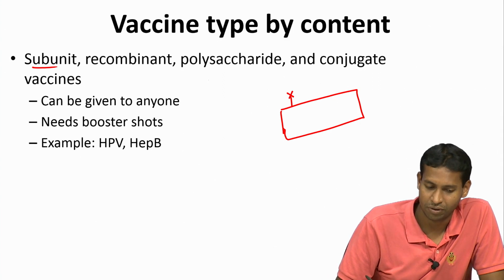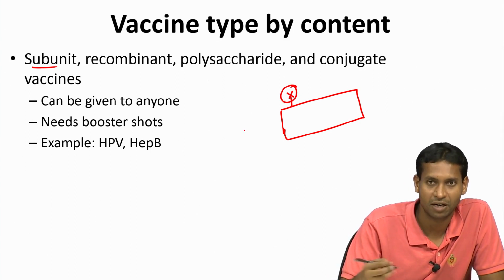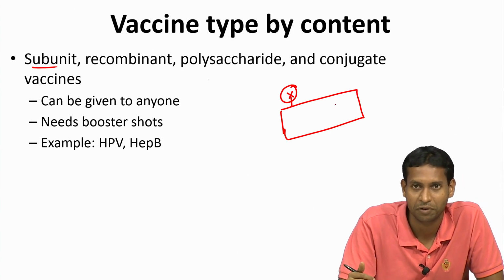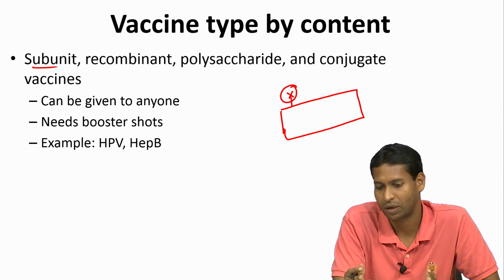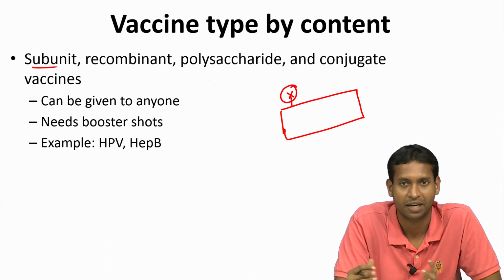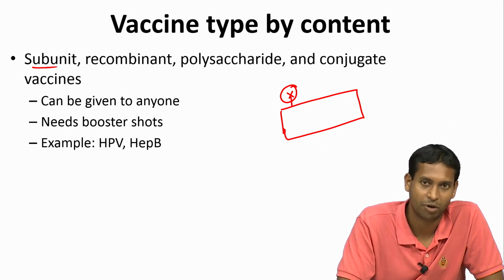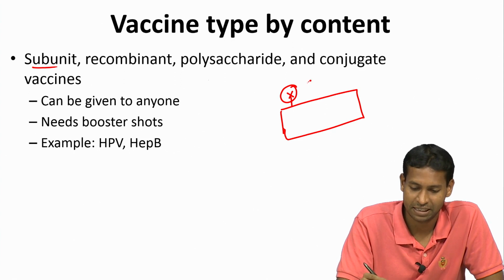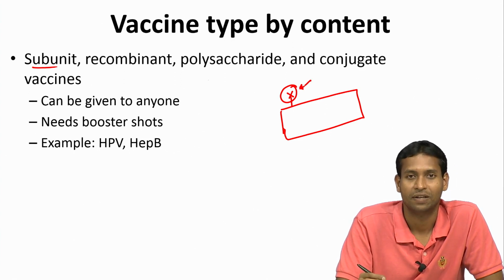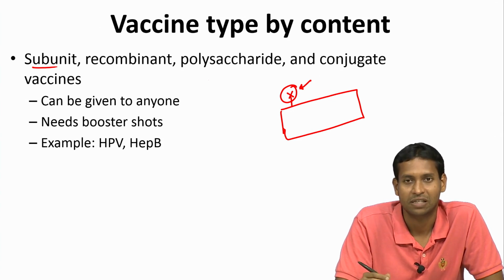So what you can do is take this X and produce it recombinantly, which means you produce it in mass quantity using some other bacteria. So you generate grams and grams of this, then you take this protein and inject it back in the body. The body sees this protein X, which it identifies as foreign because it is not a part of the mammalian system, so it will generate an immune response.